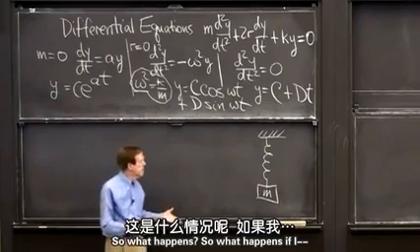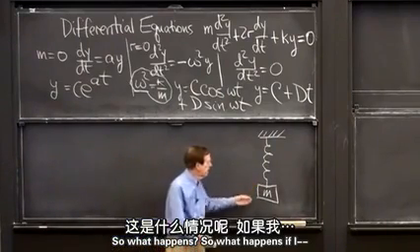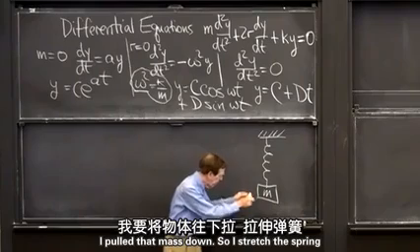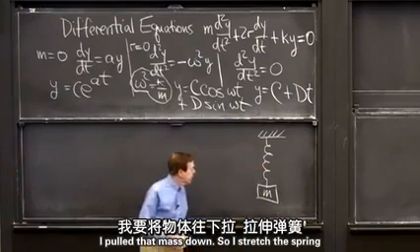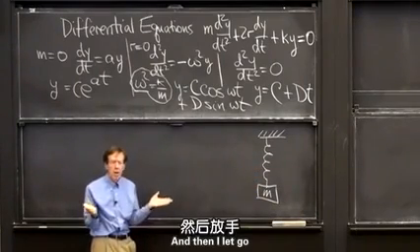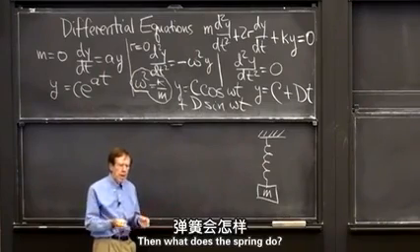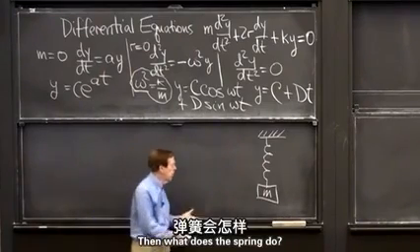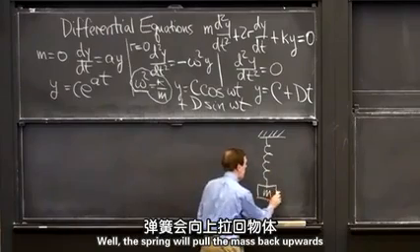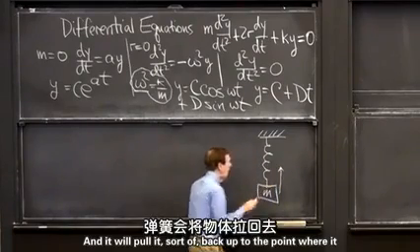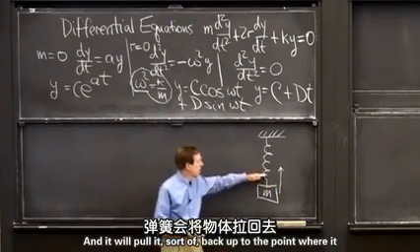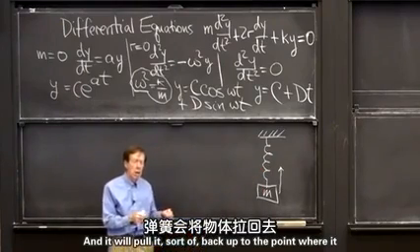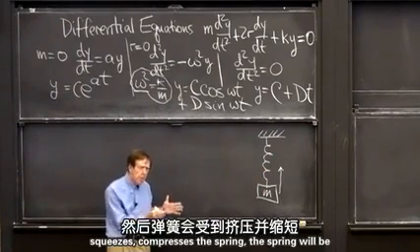Okay, so what happens if I've pulled that mass down, so I've stretched the spring, and then I let go? Then what does the spring do? Well, the spring will pull the mass back upwards, up to the point where it compresses the spring.